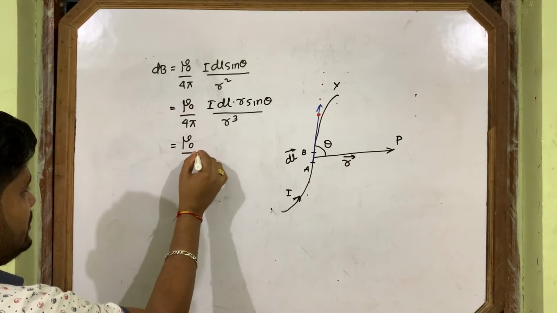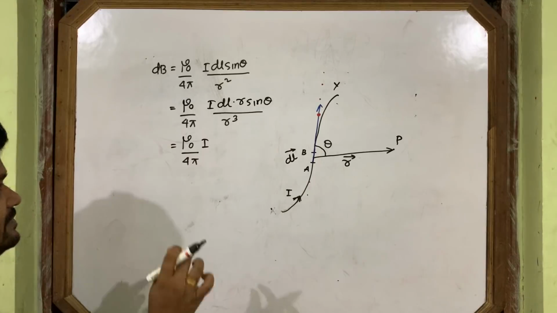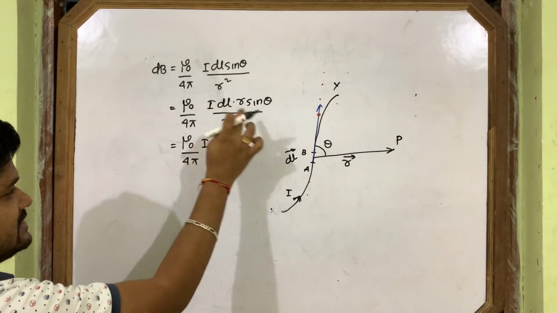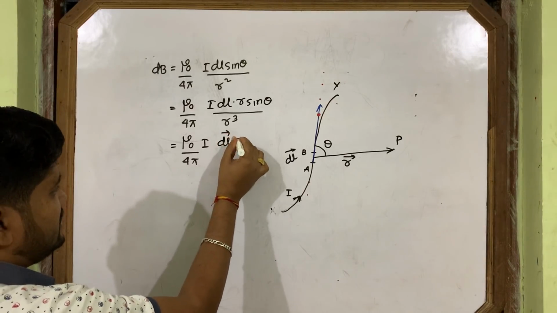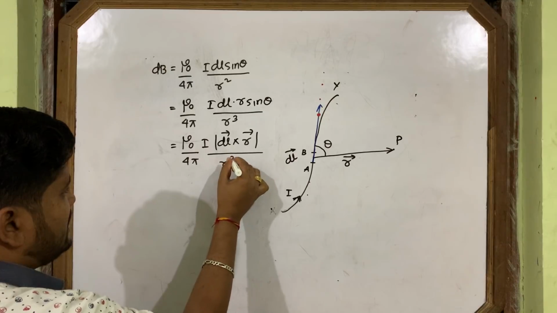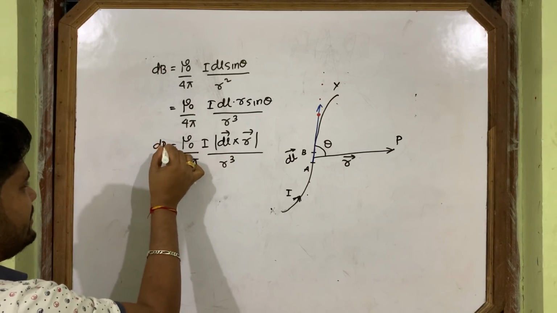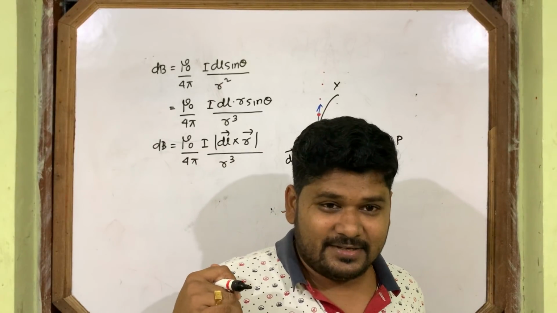So it is now mu naught by 4 pi I, and now it becomes AB sin theta. Any problem? dl is a vector, r is also a vector. I can write the mod of dl vector cross r vector divided by r cube. So this is now dB. Now the vector product is correct, I think.